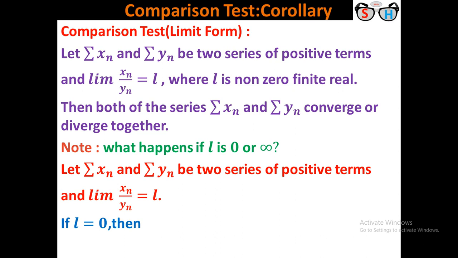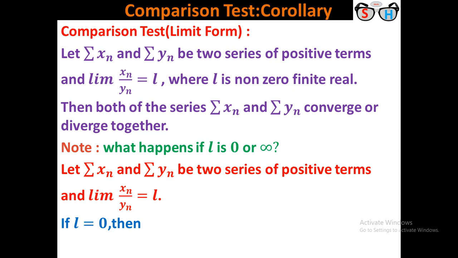Actually, I prove it, but before proving, I give some concepts. Limit of xn by yn equal to 0 means the denominator yn is larger and larger than xn. Okay. If you take the denominator larger and larger and the numerator xn smaller and smaller, then the result must tend to 0.